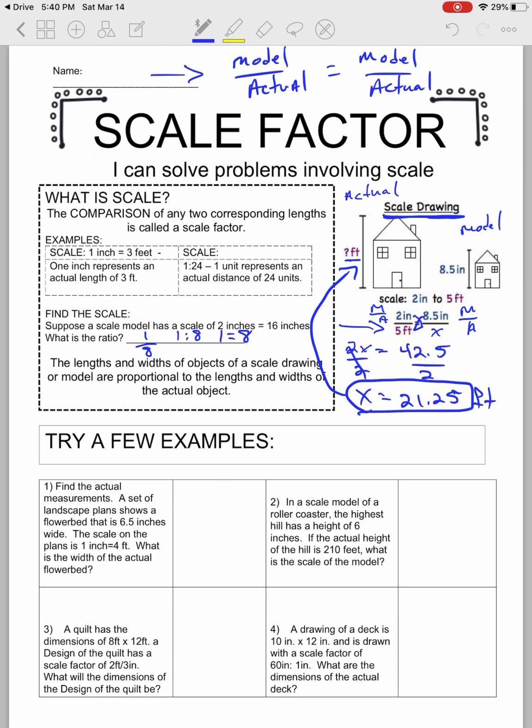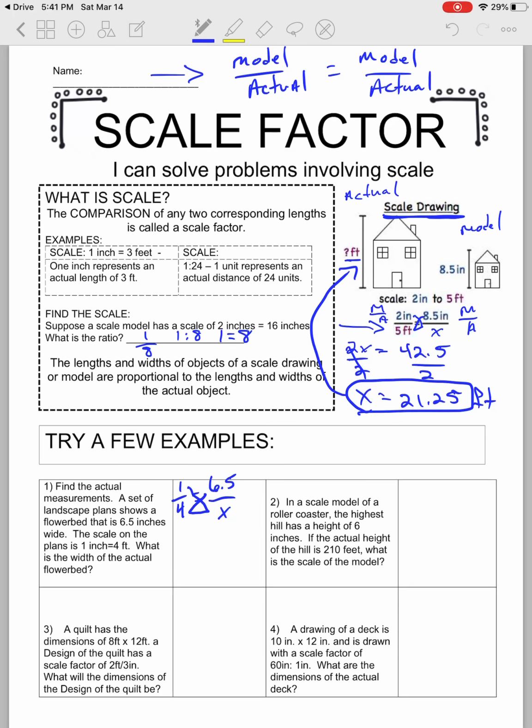Now let's look at a couple examples. Number 1, find the actual measurements of a set of landscape plans. A set of landscape plans shows a flower bed that is 6.5 inches wide. The scale on the plans is 1 inch equals 4 feet. What's the width of the actual flower bed? Well, if you set it up, model to actual, it's 1 over 4 is equal to 6.5 over x, our unknown.